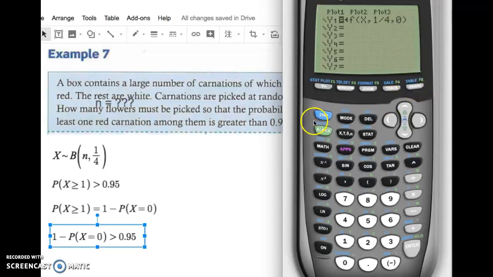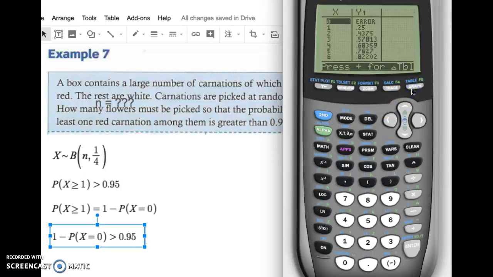Second graph brings us to table, and we have a list. The TI-84 gives us a list of values, where my x column represents my n, which is my answer, and my y1 gives me the probability.